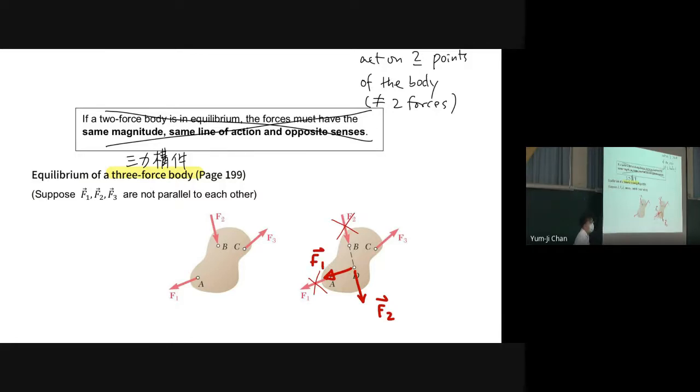Okay. So we can say the line of action of F1 is AD, and the line of action of F2 is BD.